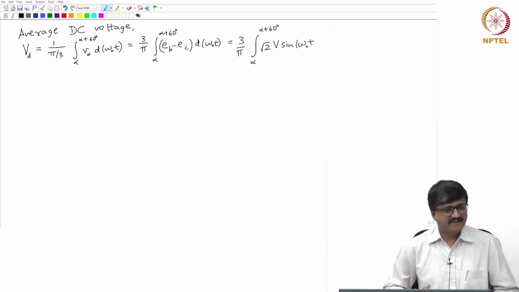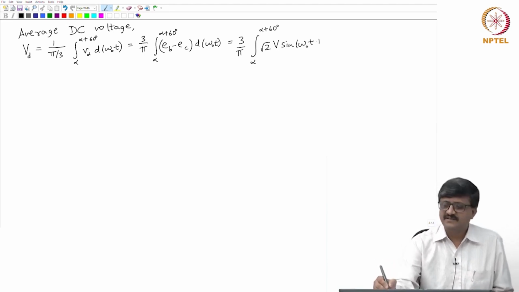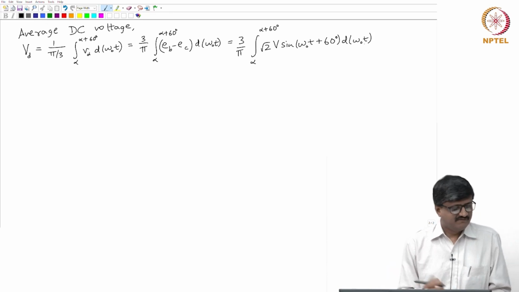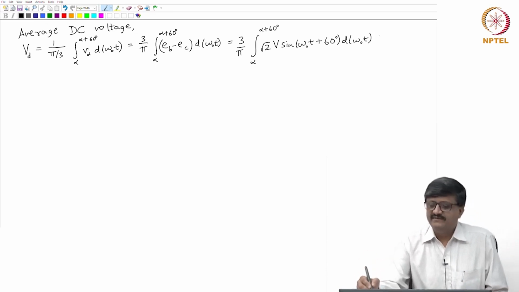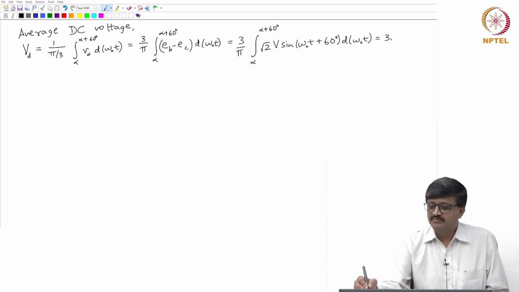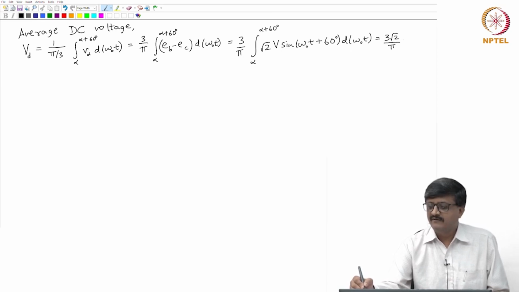Can I straight away write the expression for Eb minus Ec? So, what is it? Plus 60 degrees. Yes. Okay, this is straightforward integration. If you integrate this, I will leave it to you to derive this, you get 3 root 2 by pi V cos alpha.